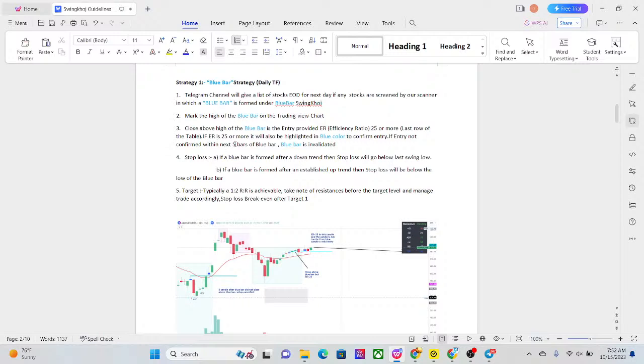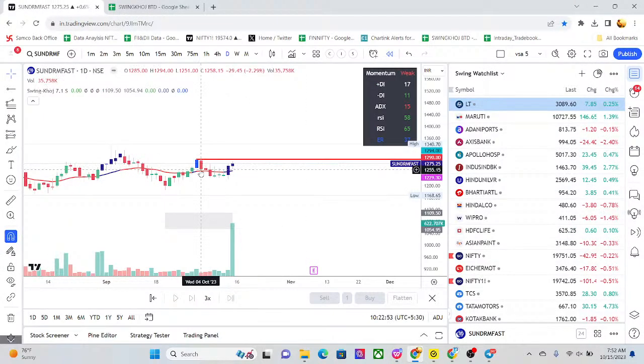So if ER is 25 or more, it will also be highlighted in blue color to confirm entry. If entry is not confirmed within the next 5 bars, the blue bar is invalidated. So we count from the blue bar: 1, 2, 3, 4, 5. We did not get entry, so it is an invalid entry. Okay, we will look for any other type of entry.